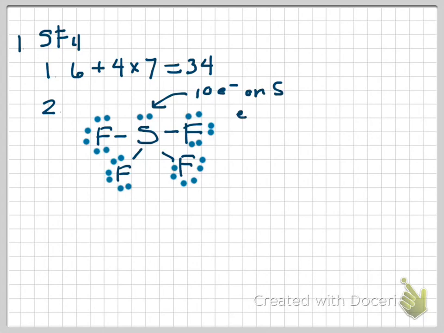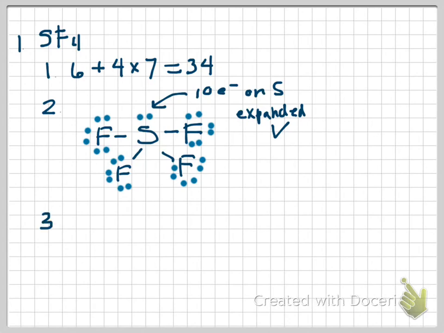So it's expanded, and that's okay because sulfur is in row 3, or period 3. So we don't need to put any double bonds here. Everybody is as happy as it's going to get.